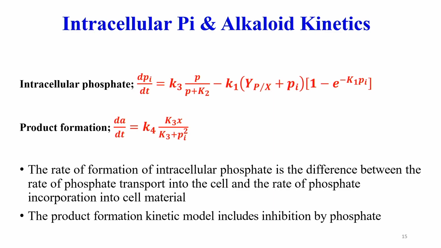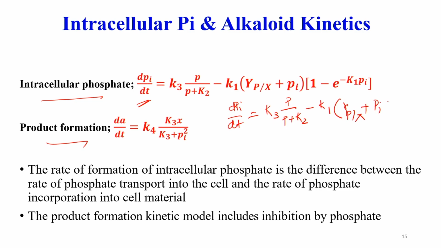Now, the other two parts are intracellular phosphate as well as the product formation. In the case of intracellular phosphate, dPi/dt equals k3 P upon P plus K2, minus k1 Yp/x plus Pi times 1 minus e to the power minus k1 into Pi.